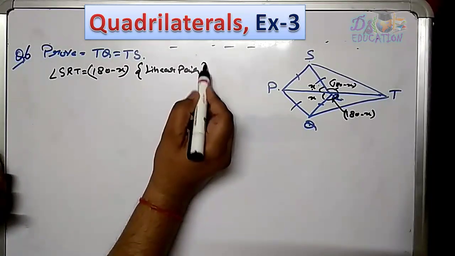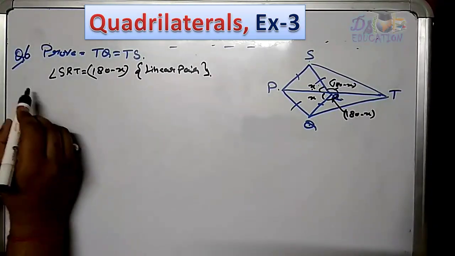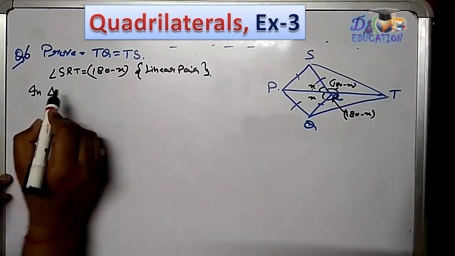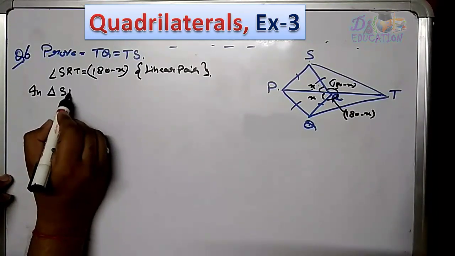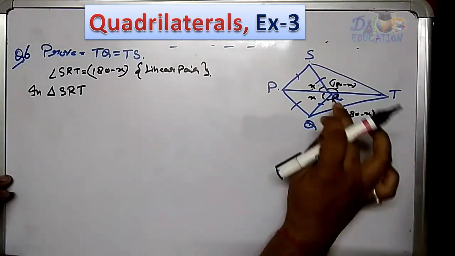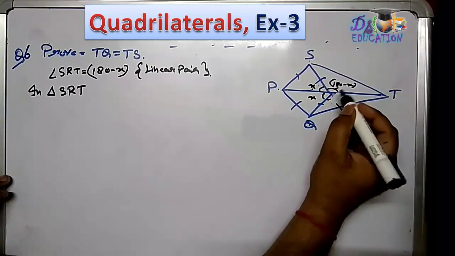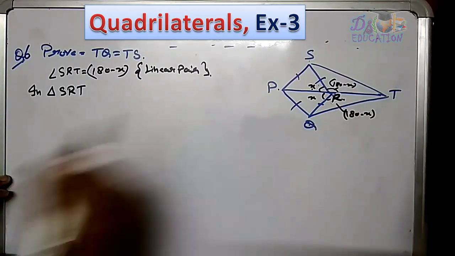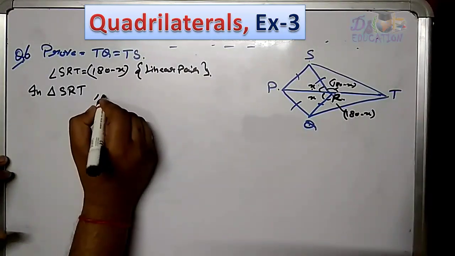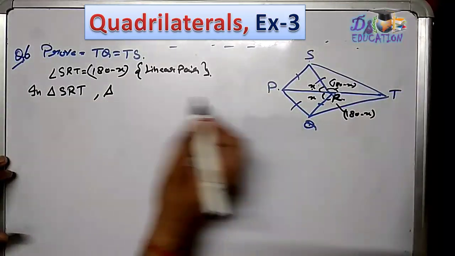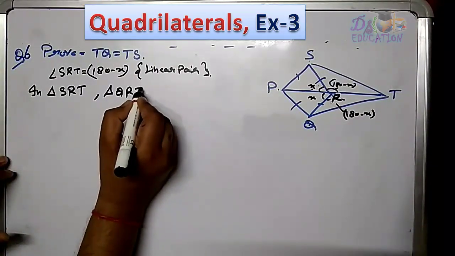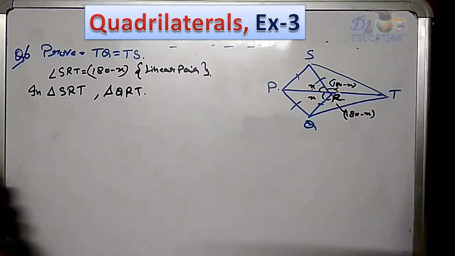So this only I have written over here. Now simply, in triangle SRT, this is R. Okay, don't be mistaken. Triangle SRT and triangle QRT, these two triangles we have to prove congruent.